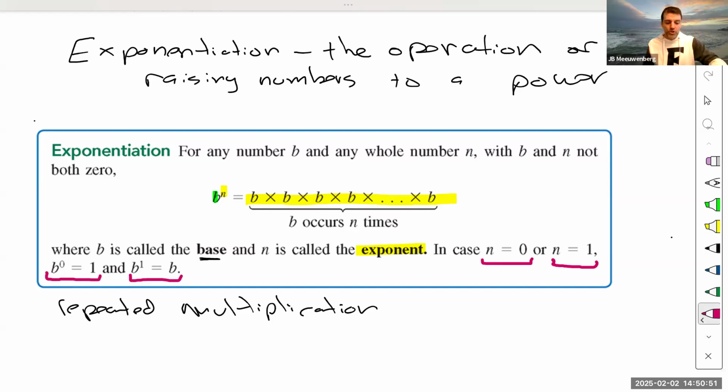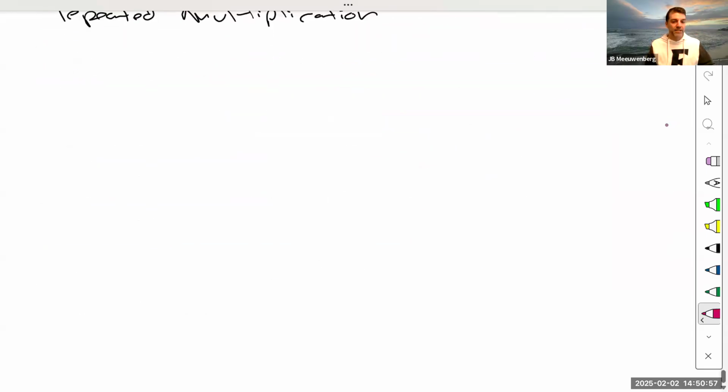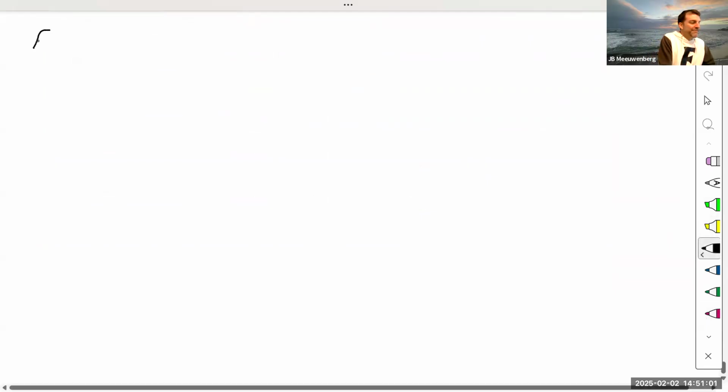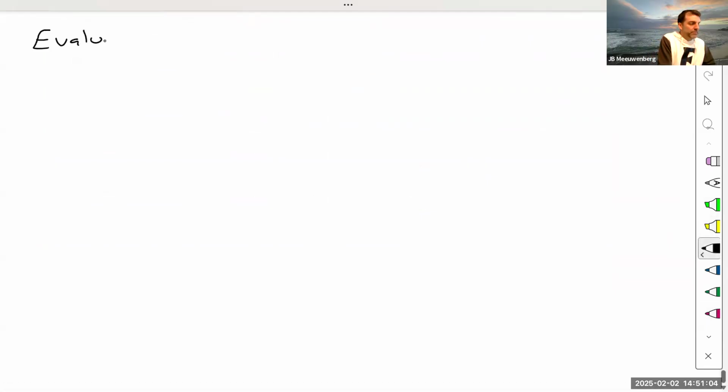Okay. So we're going to try some of these where we evaluate expressions involving exponents. So the first one is, again, we will evaluate. When we use the word evaluate, it means find the value of. Values right in the middle. Find the value of 3 to the 4th power.